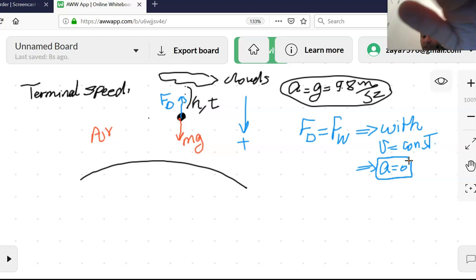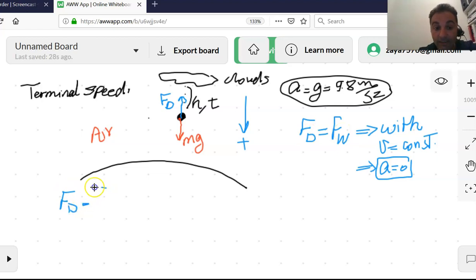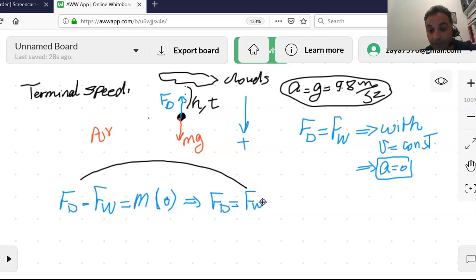So when velocity becomes constant, your acceleration is 0. That's why Fd becomes equal with Fw. In reality, it's Fd minus Fw equals m times 0, correct? Therefore, Fd becomes equal with Fw.